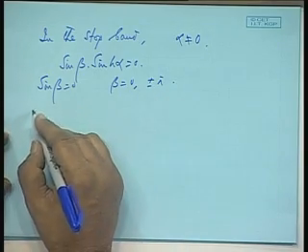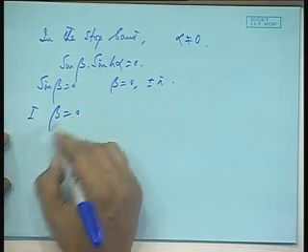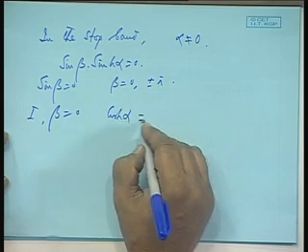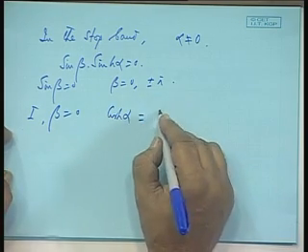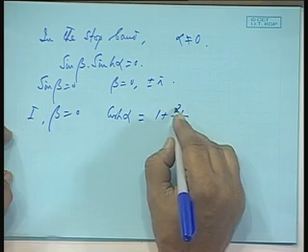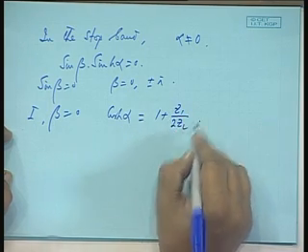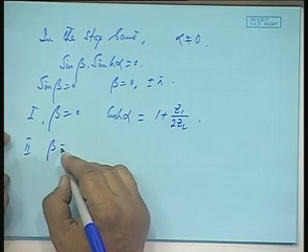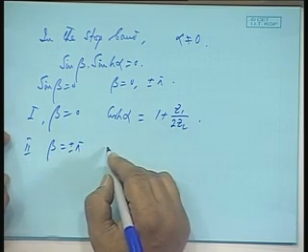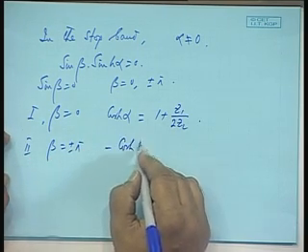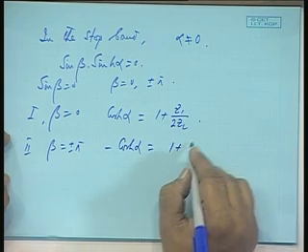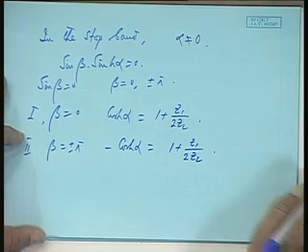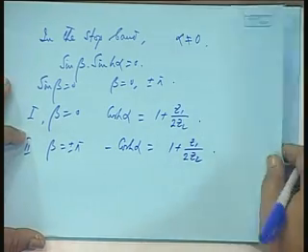If beta is 0, then cos hyperbolic alpha is 1 plus Z1 by twice Z2, and if beta equal to plus minus pi, then minus cos hyperbolic alpha equal to 1 plus Z1 by twice Z2. This we saw last time.